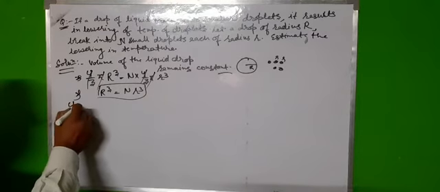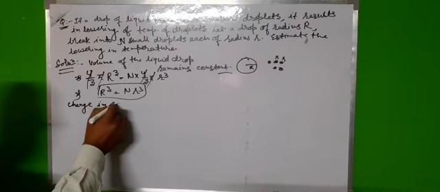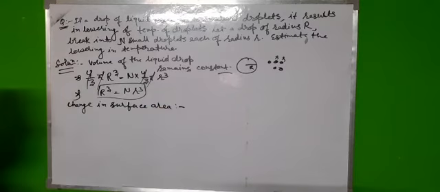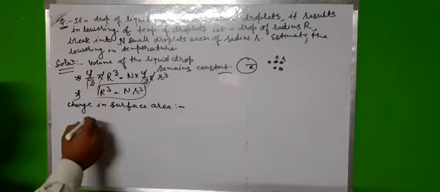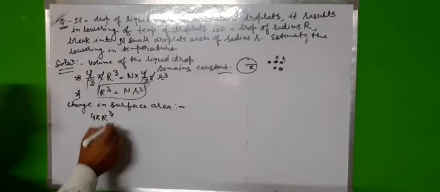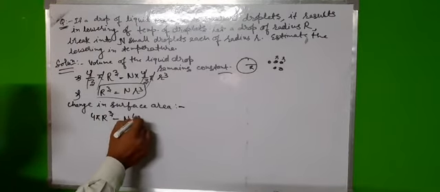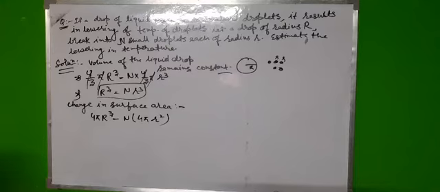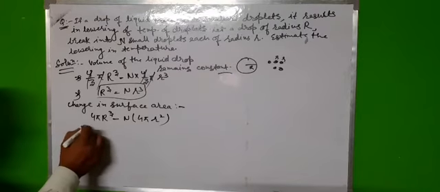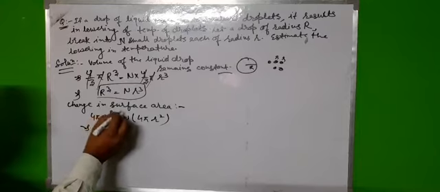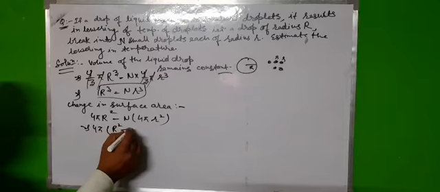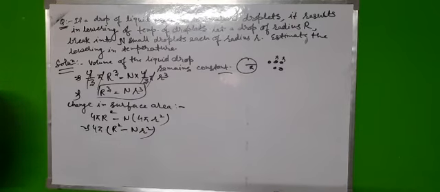What is the change in surface area? Surface area of the bigger drop, that is 4 pi R square, minus n into 4 pi small r square, and this is equal to 4 pi R square minus small n r square.